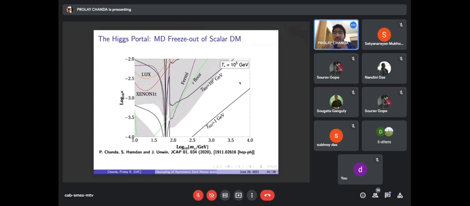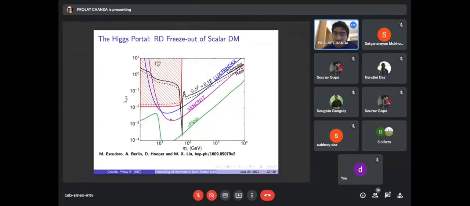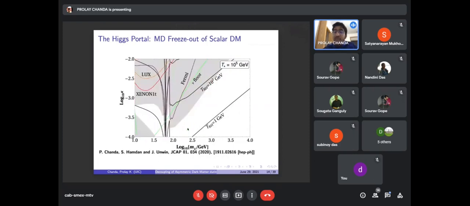So when we consider matter domination, we revive the Higgs portal, in the sense that with any reheat temperature below, say, 100 gigaelectron volt, the dark matter can be found. For radiation domination the only allowed region is the resonance point, but when we consider matter domination, we have a large chunk of parameter space which can still be realized.